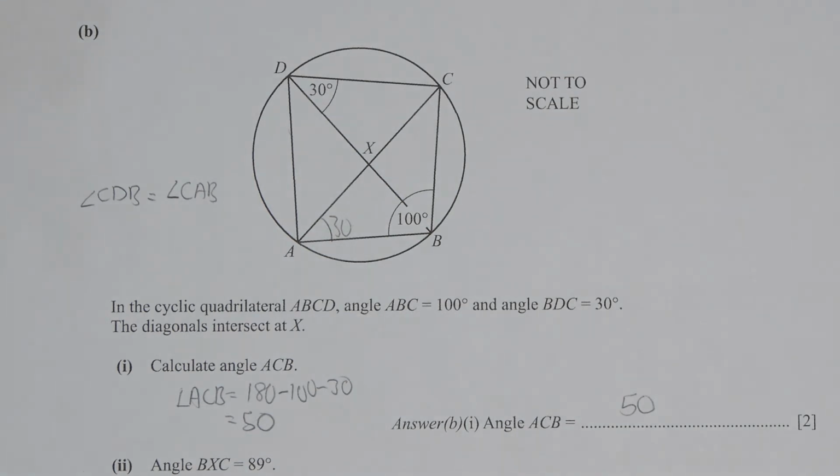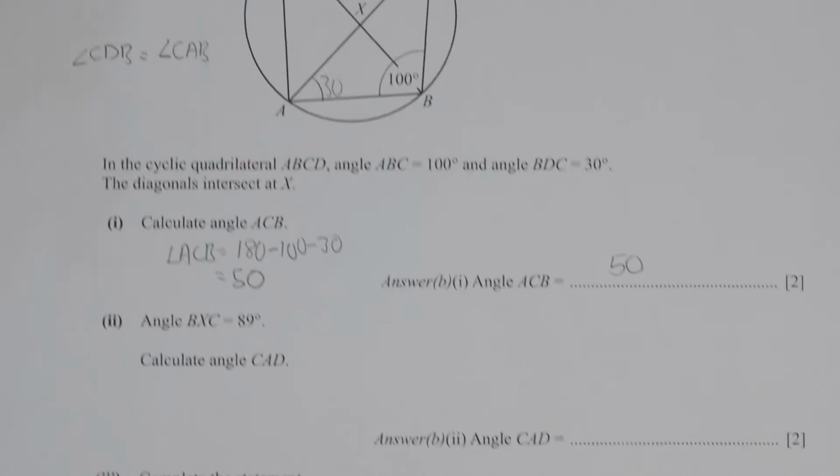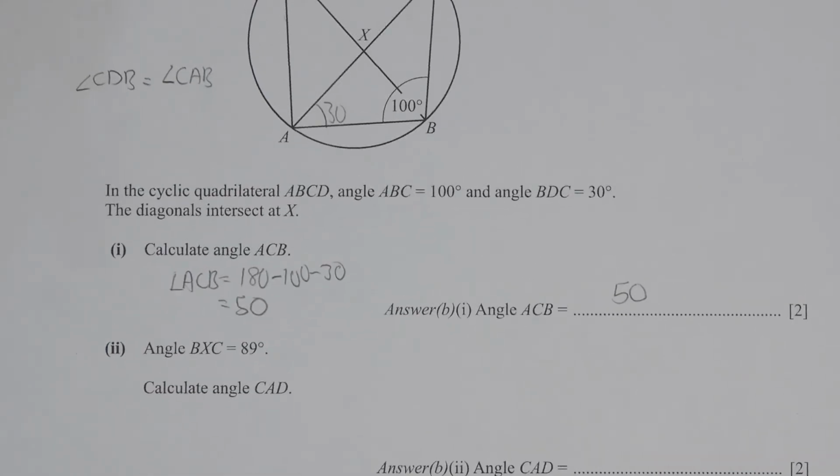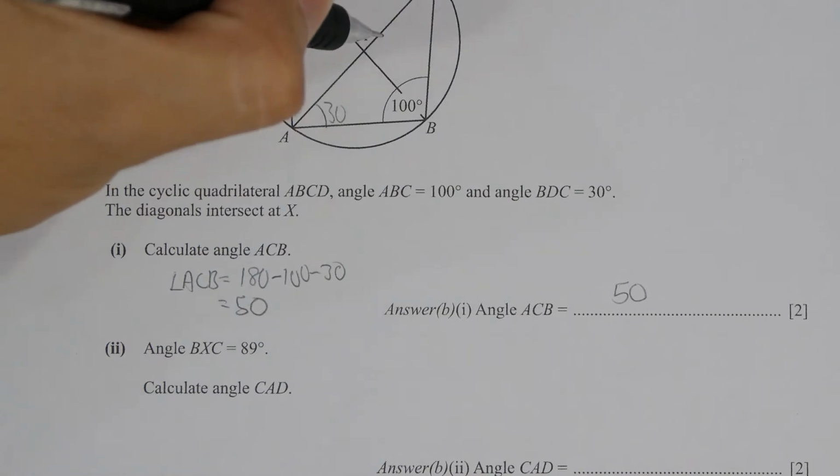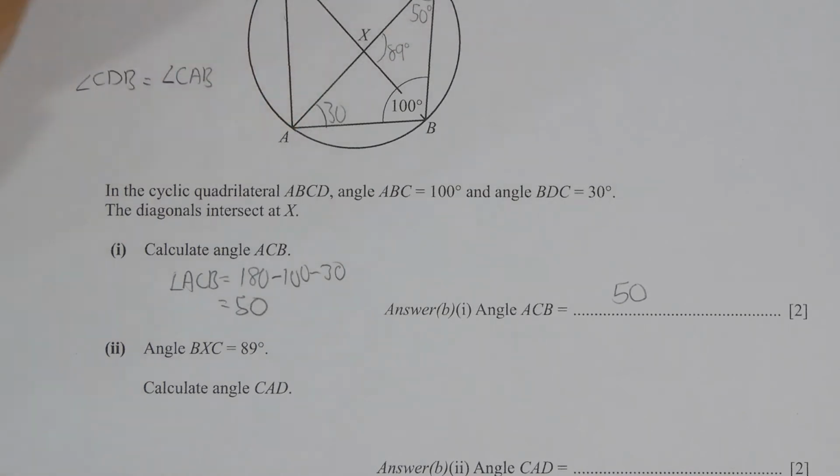Additional information is now given at part 2. BXC is 89. Hence, the opposite angle will also be 89. Also, angles from the same segment will be the same, hence ACB equals ADB equals 50 degrees. So simply take 180 minus 50 minus 89, then you get 41.